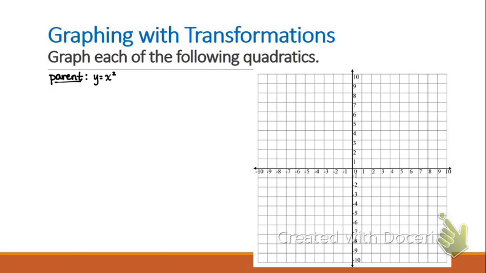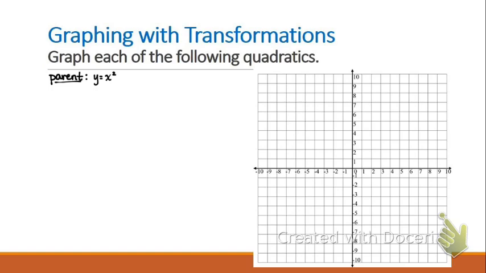First, I want to graph the parent function so that I know the basic shape of all of these different quadratic graphs. So our parent function, we get to choose our inputs, we get to choose our x's. I always choose the same 5 whenever I have that option: -2, -1, 0, 1, and 2.